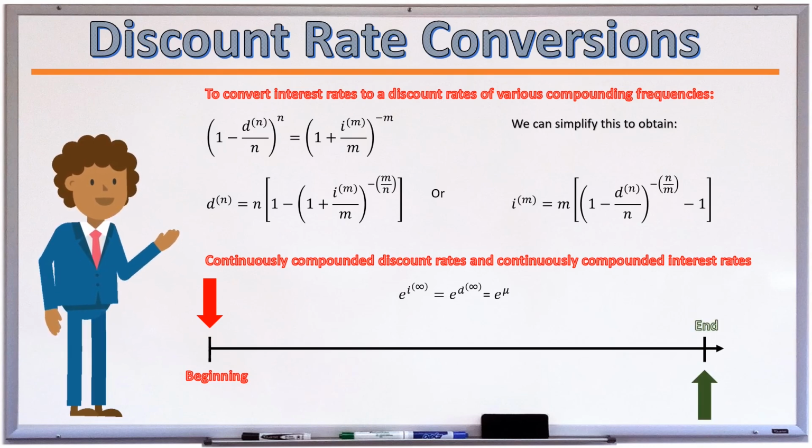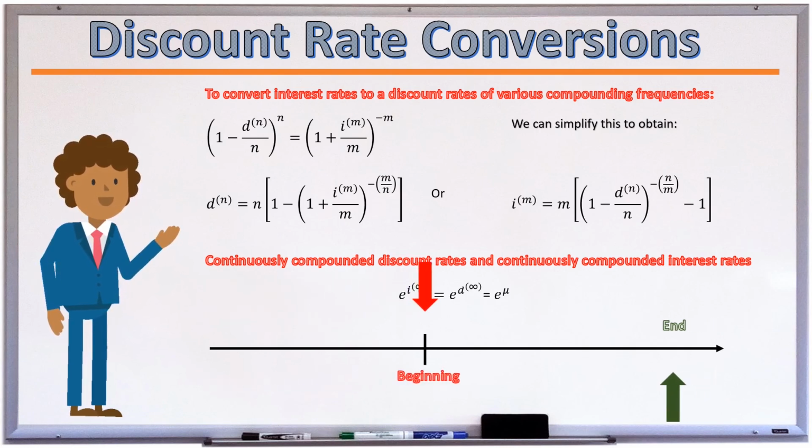For continuous compounding, we shrink the compounding period down to an infinitesimally small instant. Therefore, theoretically, the discount and the interest payments should occur at exactly the same time. Hence, the amount earned using a continuously compounded discount rate should equal the amount earned using a continuously compounded interest rate.